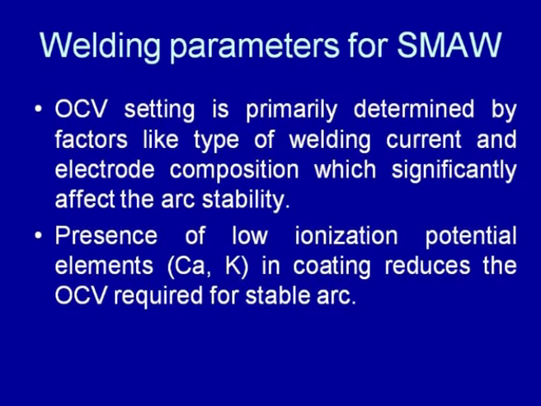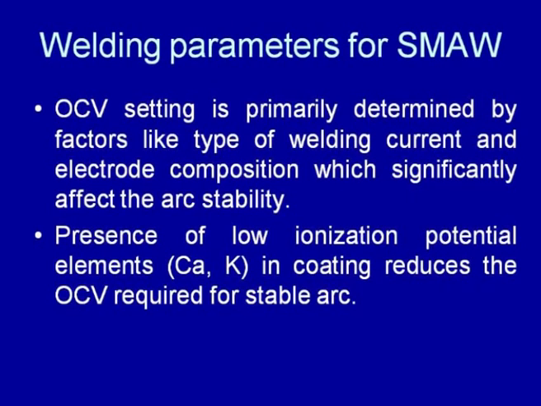The OCV, open circuit voltage setting, is primarily determined by the type of welding current and the electrode composition, and these factors affect the stability of the arc. For example, if you are working with DC, we can work with a lower OCV than when AC is used.